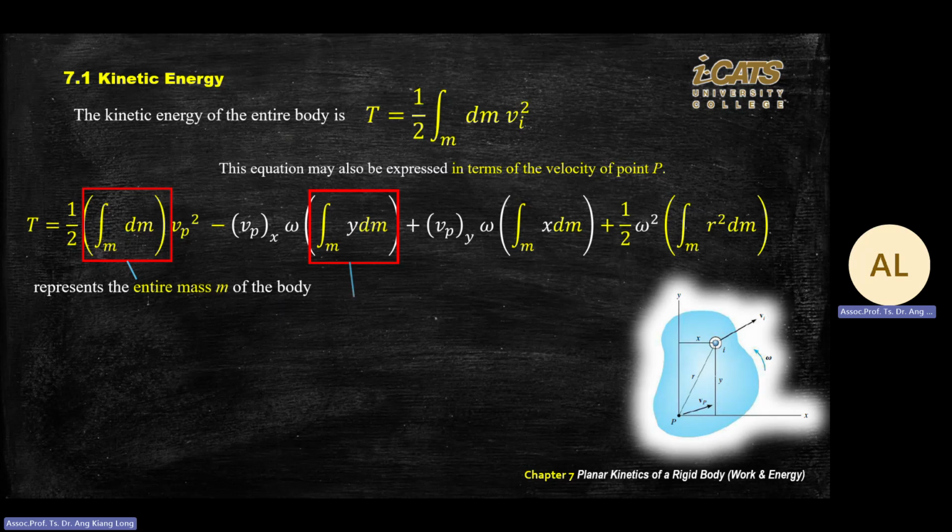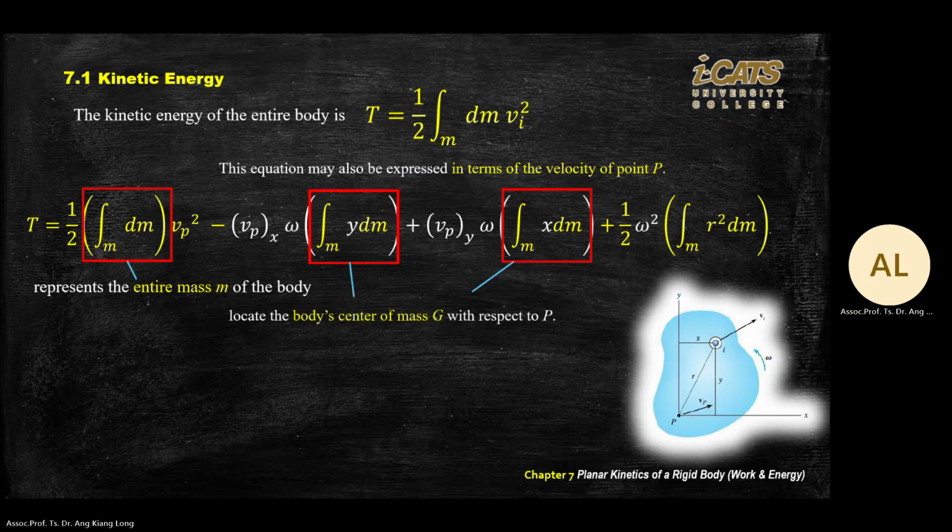The second and third terms, with y and x, relate to the body's center of mass, the y bar and x bar, the average location of your center of gravity.